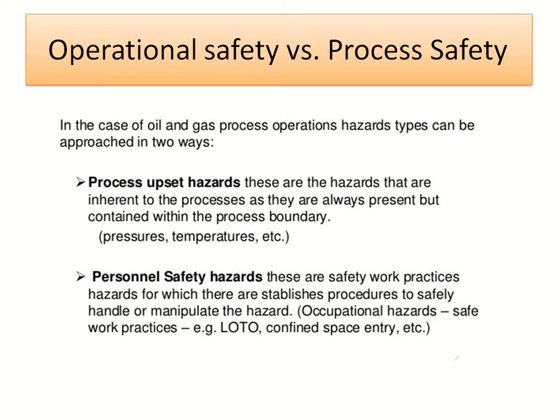Second, safety hazards are related to practice hazards, with suitable procedures to safely handle and manipulate the hazard, occupational hazards, and safe work practices such as confined space entry. So these are the components of process safety management.